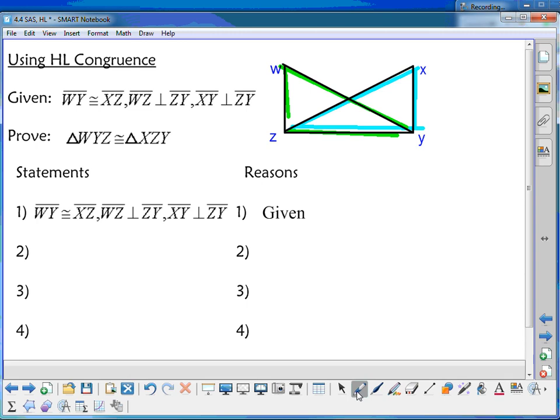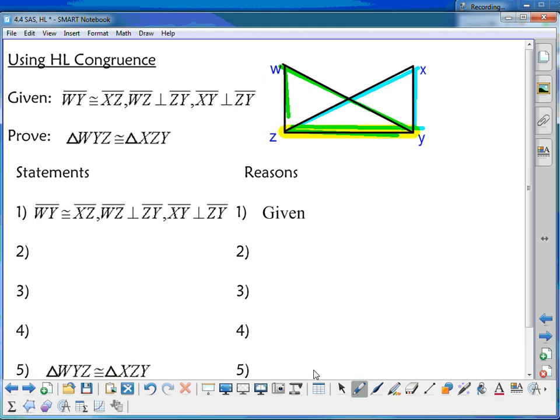So I see that I have an overlapping side there, and so whenever they have an overlapping side, like I have right here, I know I'm going to be using the reflexive property at some point. I'm going to wait to use that, but I will use that.